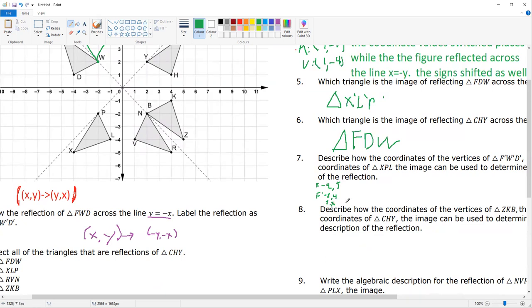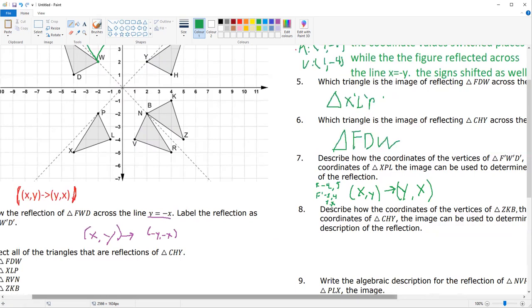The algebraic description would be x, y yields y, x. That's a satisfactory answer.